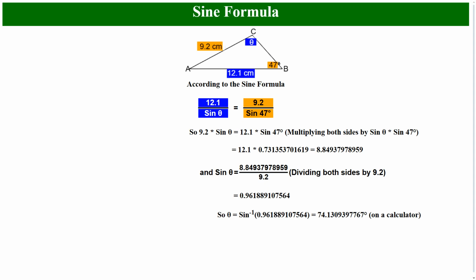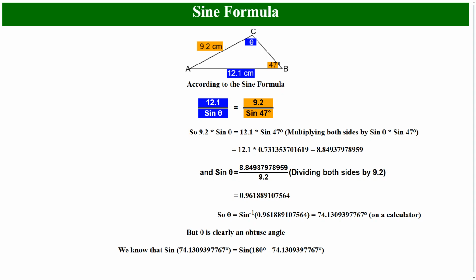But if you look at the triangle, theta is actually bigger than 90 degrees. So it looks as though something's wrong. Well, in fact, sine of 74.13 degrees, etc., is the same as sine of 180 degrees minus 74.13.